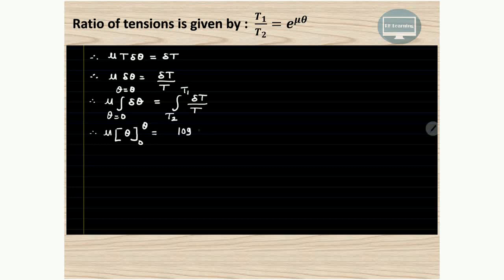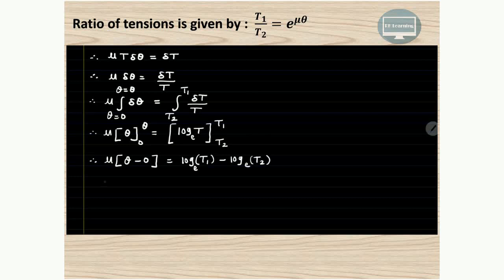Integration of 1 upon T is log T to the base e, and the limits are from T2 to T1. Substitute the upper limit in place of theta minus the lower limit. Similarly over here, in place of T substitute the upper limit, that is T1, minus in place of T substitute the lower limit, that is T2, to the base e.